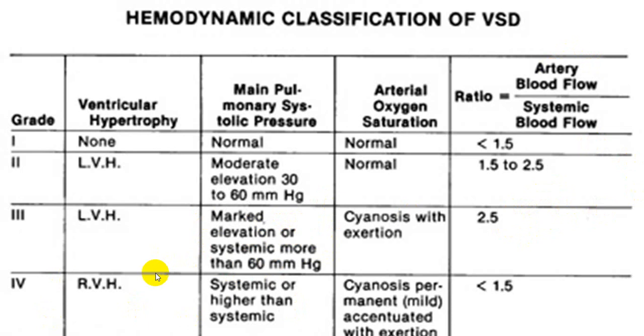In grade 4, once the RV pressure starts rising and there is RVH, you will have a pressure almost systemic or higher than systemic. Cyanosis will be persistent, there will be reversal of the shunt, and now the ratio will again fall back to less than 1.5. So this will be the dangerous stage we call Eisenmenger.